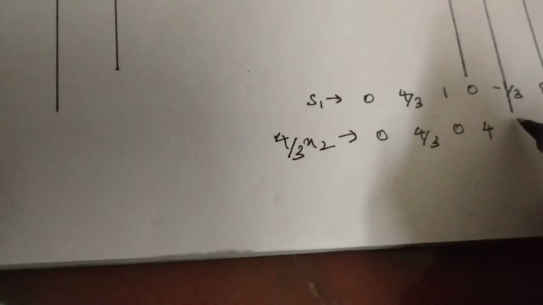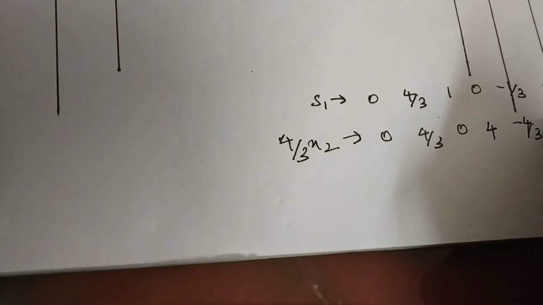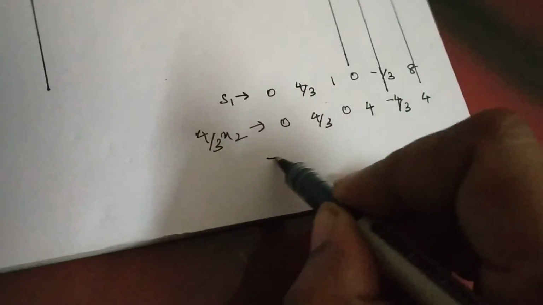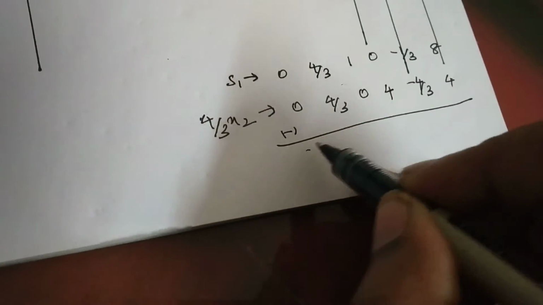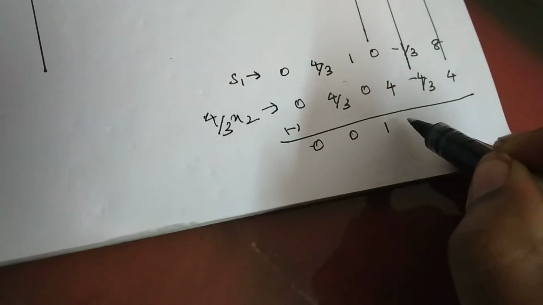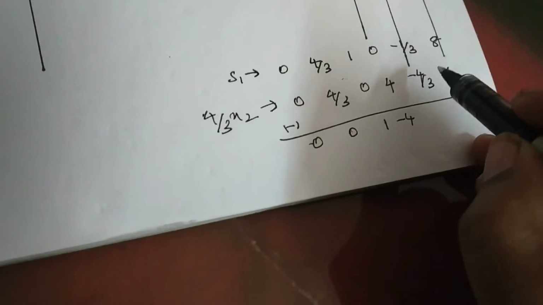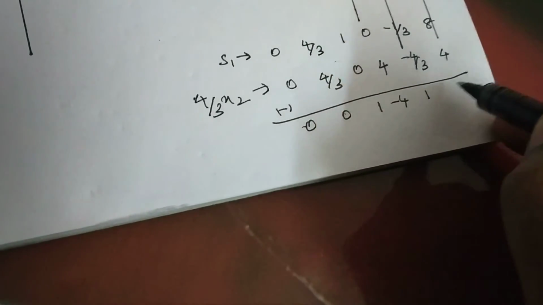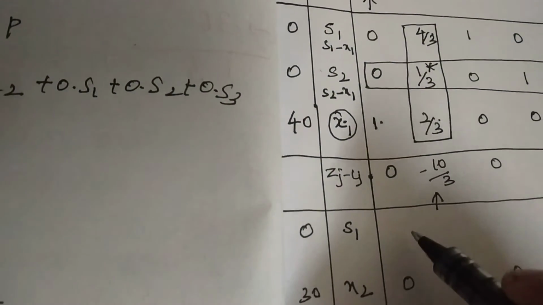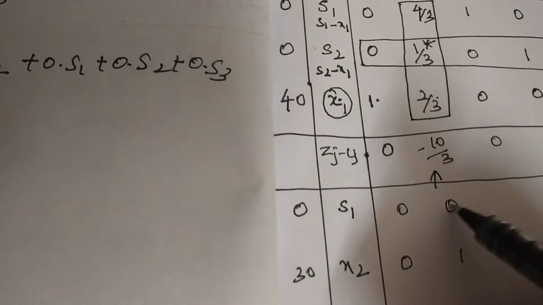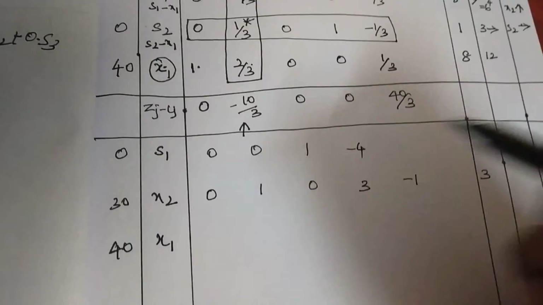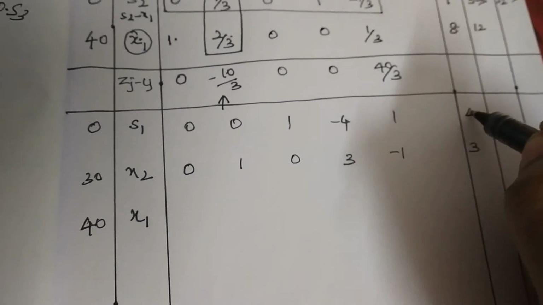And then minus 4 by 3, and then 3 into 4 by 3 is equal to 4. 0, 0, 1, minus 4, minus 1 by 3 plus 4 by 3, which is equal to 3 by 3, is equal to 1, and then 4. So this is the answer. You just write down 0, 0, 1, minus 4, 1, 4.